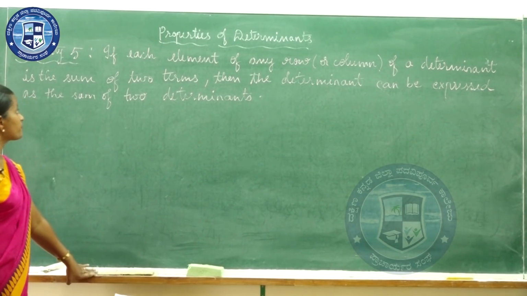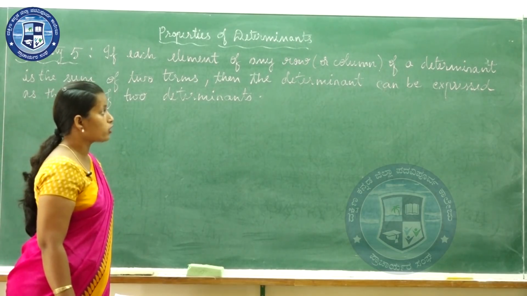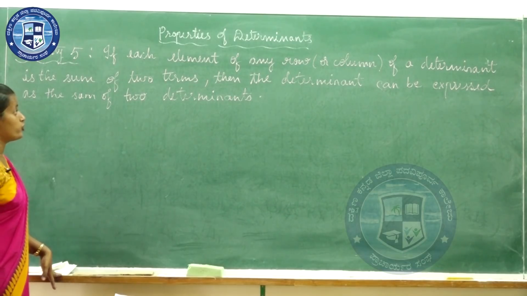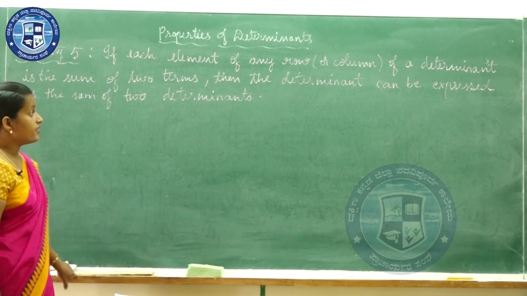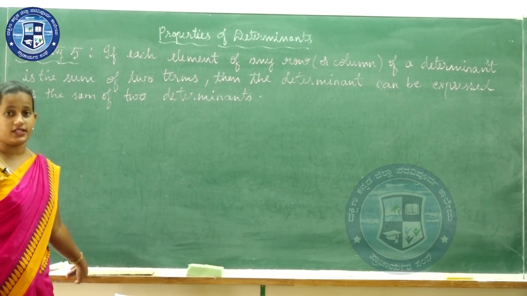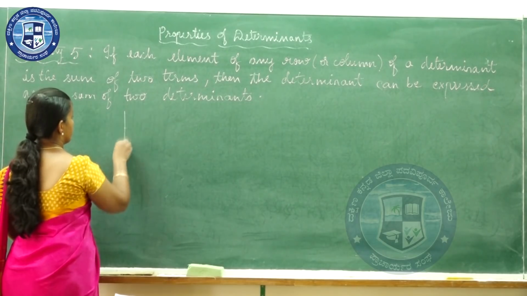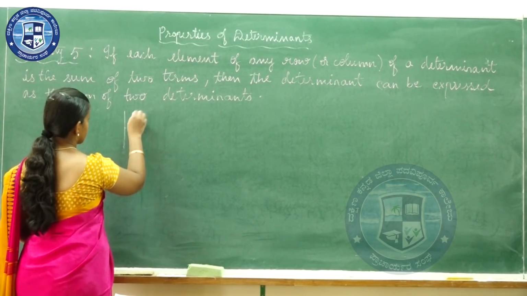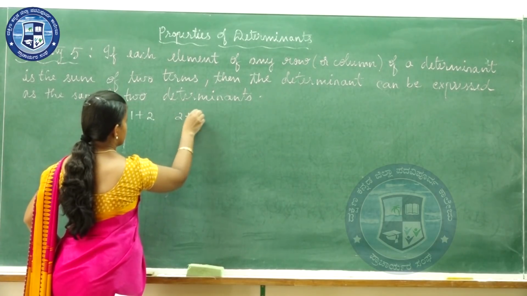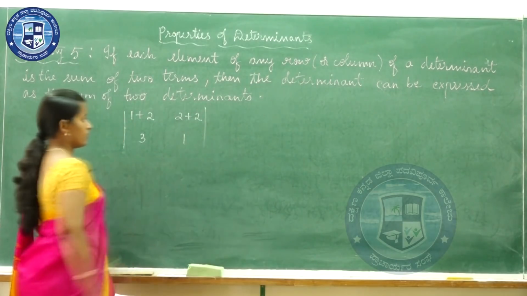Property 5. If each element of any row or column of a determinant is the sum of two terms, then the determinant can be expressed as the sum of two determinants. What does this mean now? Let me explain you with an example. I will consider say 1 plus 2 and 2 plus 2, 3 and 1, okay.